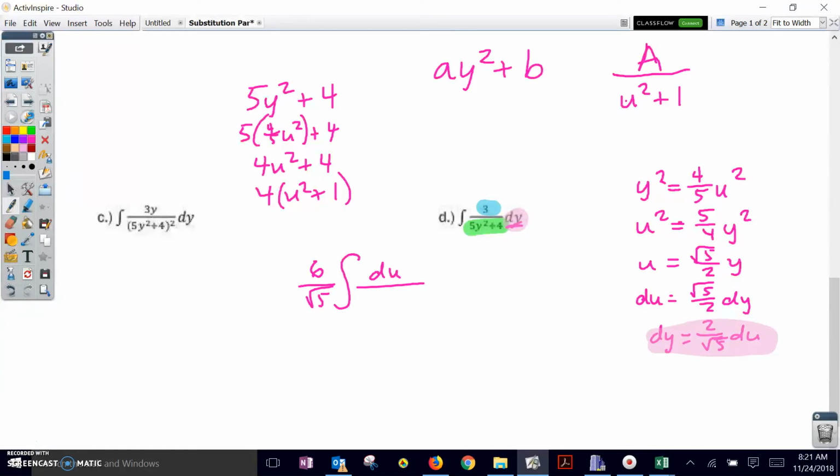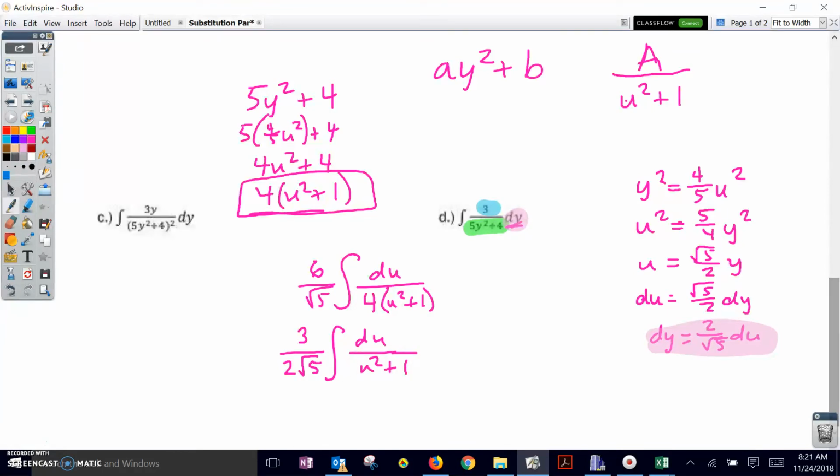And now by replacing y squared with 4/5 u squared, I already did that replacement up here. That's 4 times the quantity u squared plus 1. Bringing the 4 out in front, I now have 3 over 2 root 5 times the integral of du over u squared plus 1. And I can find the integral of du over u squared plus 1 by just using the arctangent function.